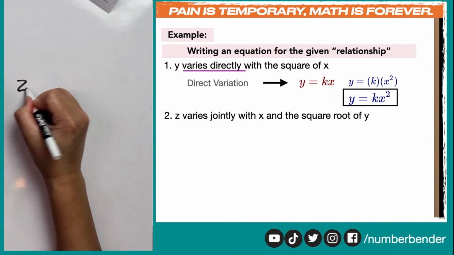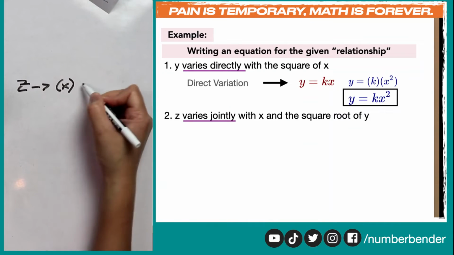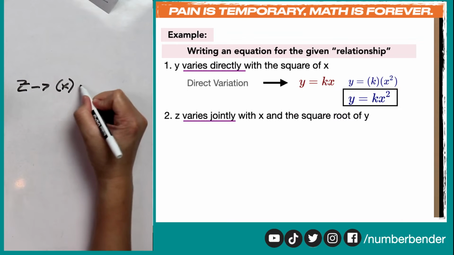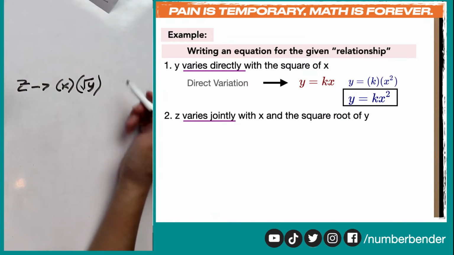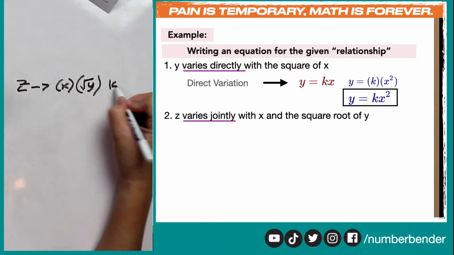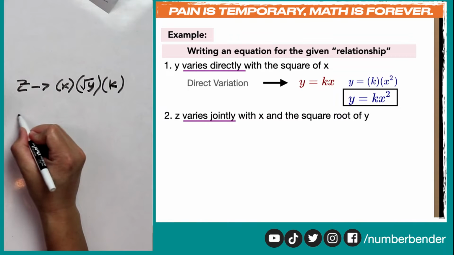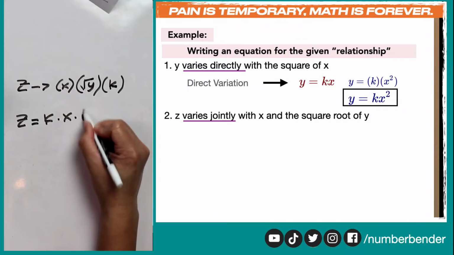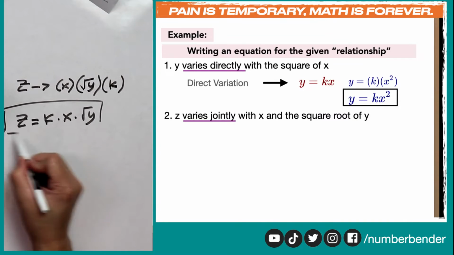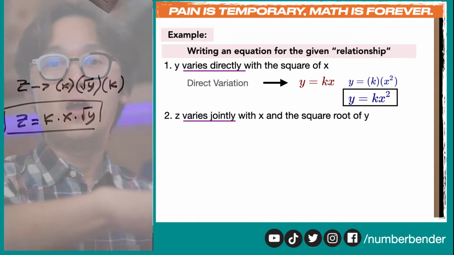So we will have z varies jointly with x and with the square root of y, and we know that whenever we're working with a variation formula or relationship, we always have the constant k in our equation. So in translating this into its standard form, we'll have z is equal to k x and square root of y, which is the formula associated with this type of relationship that we have in this particular word problem.